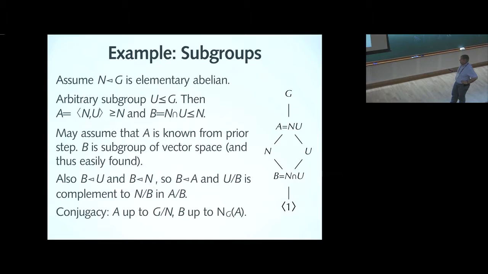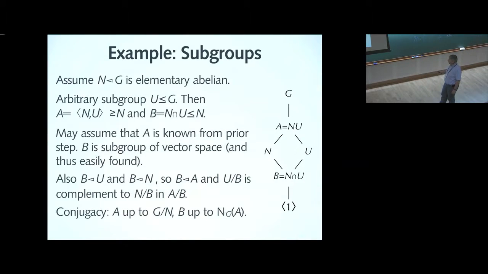So I can assume that this group A is already known from the previous step. This intersection is a subspace of a vector space. Well, if we have a vector space, it's not hard to find all the subspaces. That's just enumerating row echelon forms of matrices.